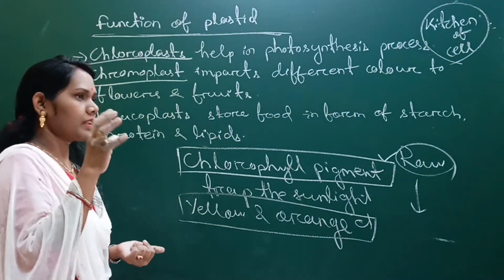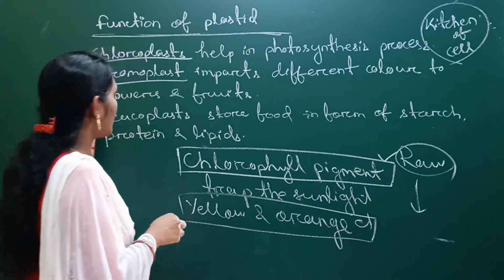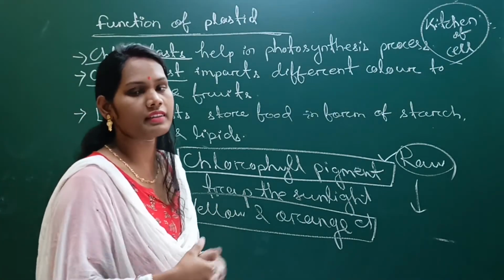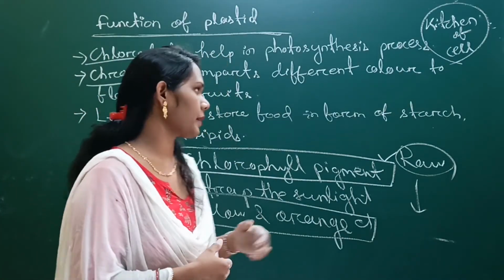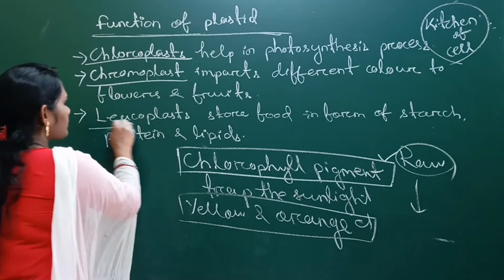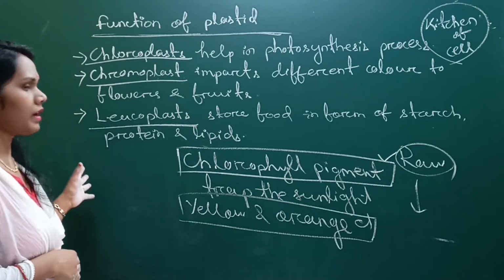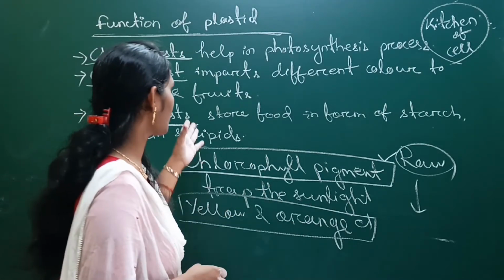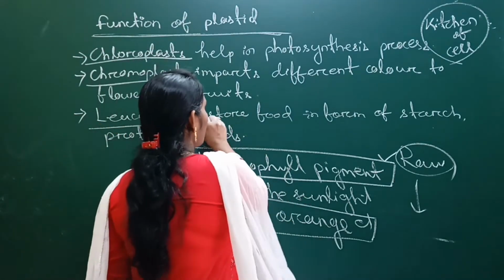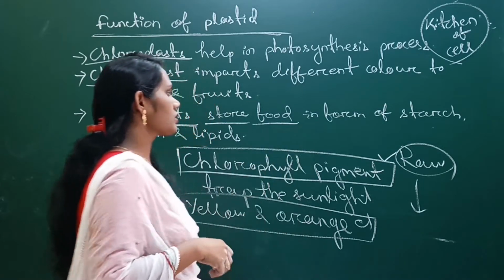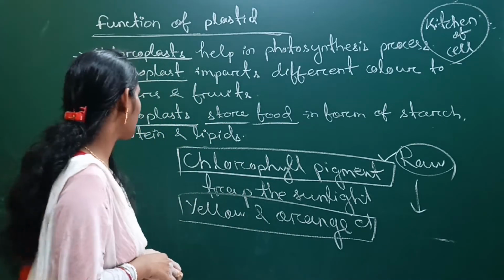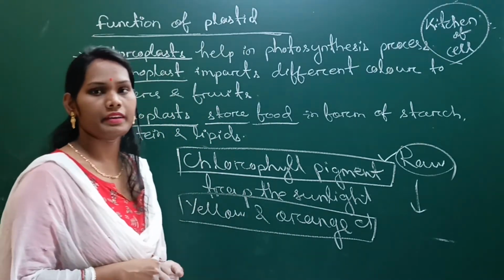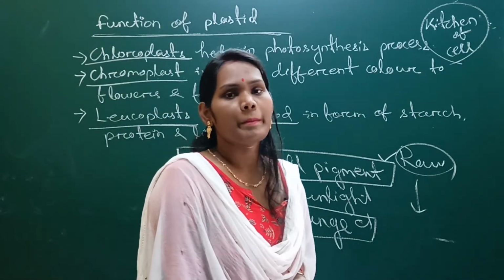So in the process of pollination, chromoplast has the major role of attracting insects and birds. Okay, next leucoplast. Leucoplast helps mainly in the storing process, in the storing organ, as the storage material of plastid. It stores food in the form of starch, protein and lipids. So that is all about the plastid.